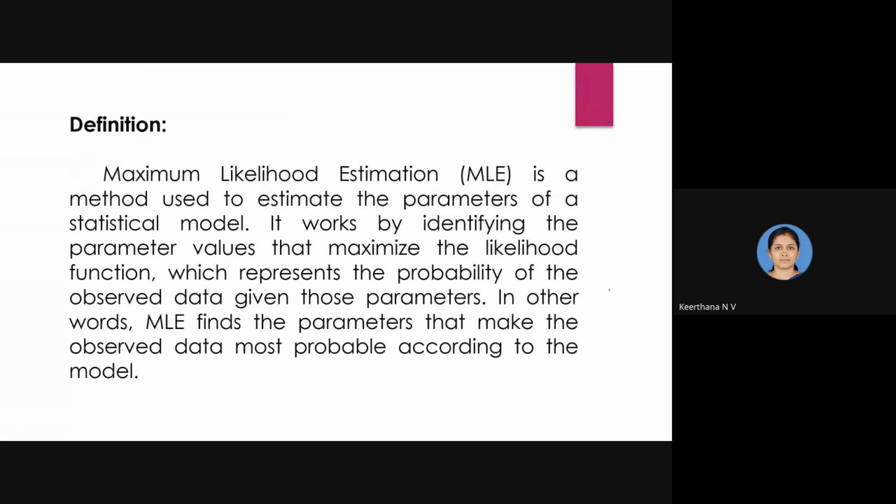It is a statistical method where the parameters are estimated by maximizing the likelihood function. This is the approach to find the parameters that make the observed data most probable according to that model.